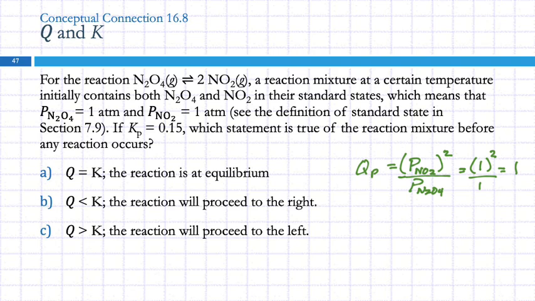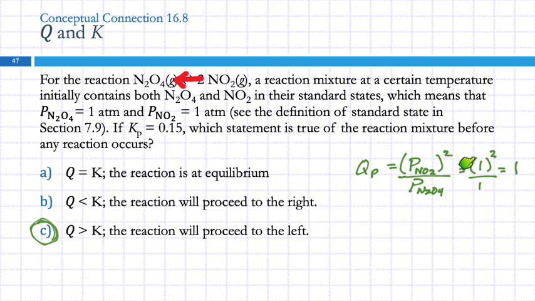So Q is greater than K, which tells us the reaction is going to go to the left, in the reverse direction. It's going to go that way, because this number needs to get smaller.